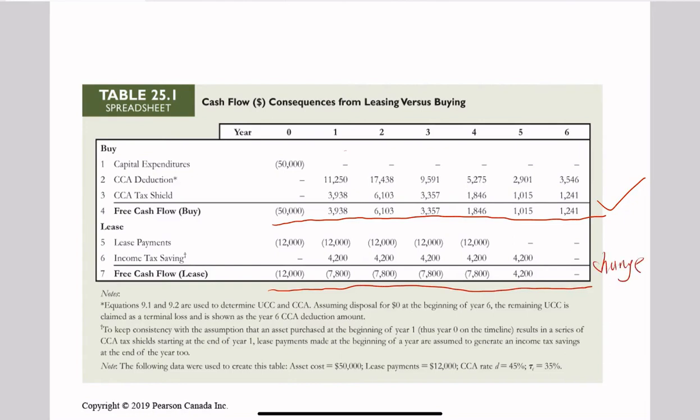Because previously, the lease payment was $12,000 per year. Now, the lessor reduced the lease payment from $12,000 to, I think it's $11,400, right? In this case, you can see that lease payments will change, and income tax saving will change, right? Because income tax saving essentially comes from the tax shield. So if lease payment changes, then income tax saving changes.